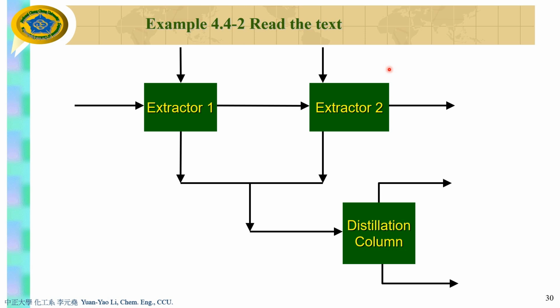The extracts from the two mixer settler stages are combined and fed to a distillation column. The overhead effluent is rich in acetone and is the process product. The bottom effluent is rich in MIBK and in a real process would be treated further and recycled back to the first extraction stage. But we will not consider recycle in this example.